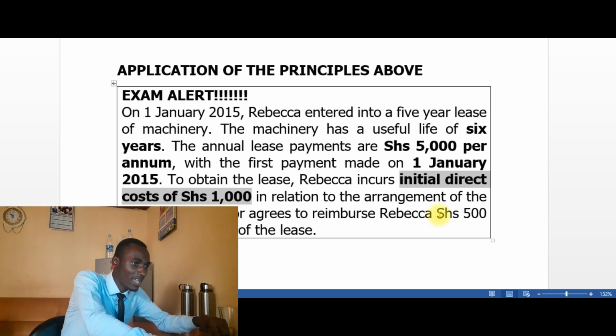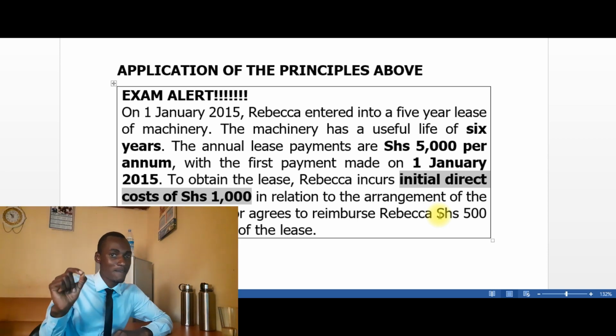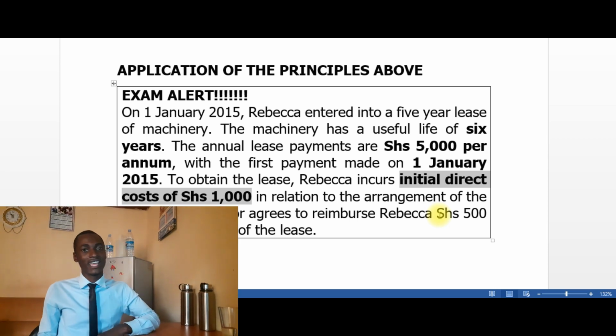The machinery has a useful life of 6 years. The annual lease payments are shillings 5,000 per annum, with the first payment made on 1st January 2015. Full stop. Now the payments are made on 1st January 2015.